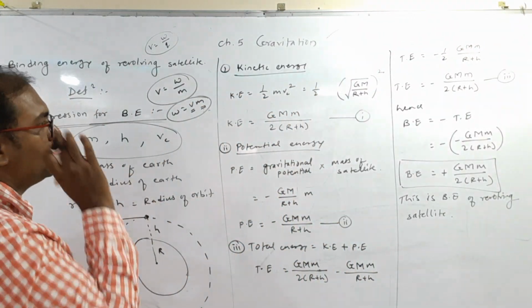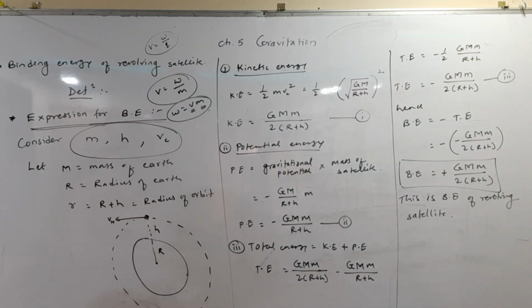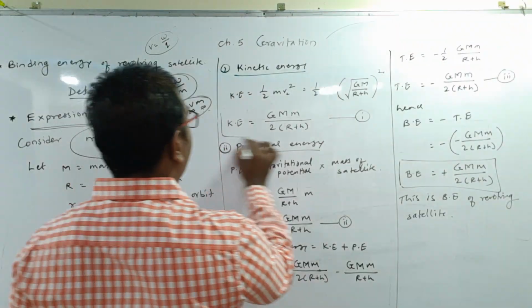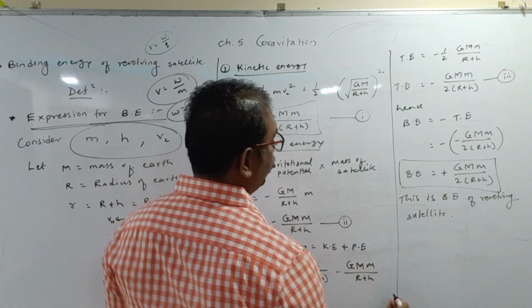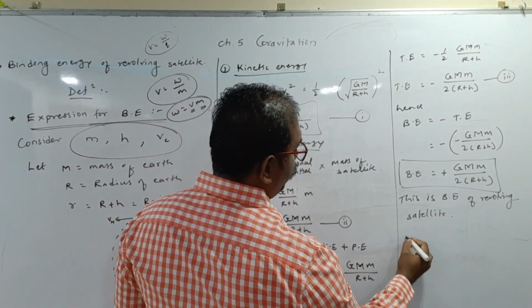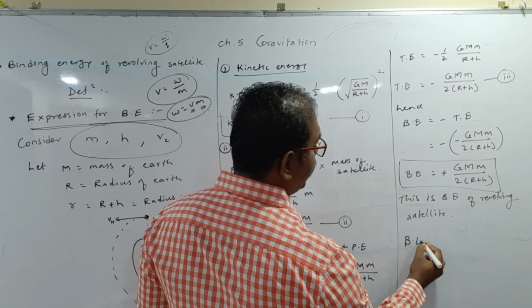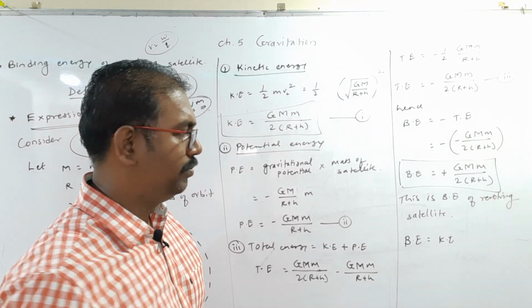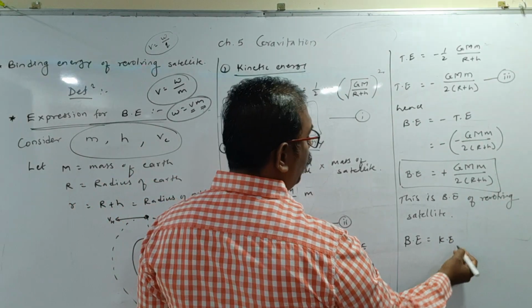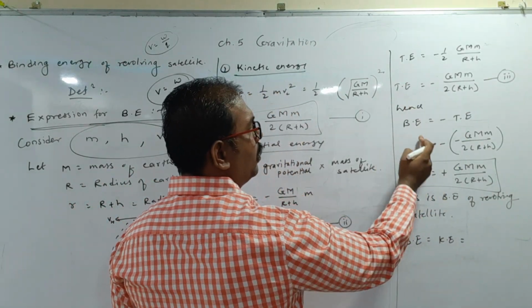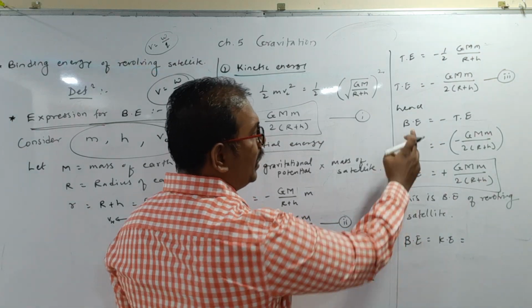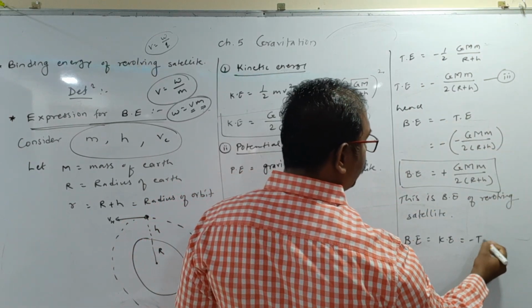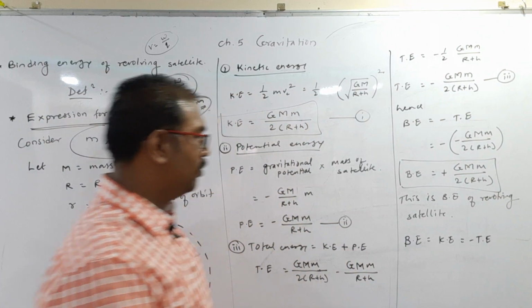I hope everyone understood what is binding energy. Now here you can see this is a kinetic energy. This is a binding energy. So here binding energy is equal to kinetic energy. Both the formulas are same. Now you can see total energy. Binding energy is equal to minus of total energy.